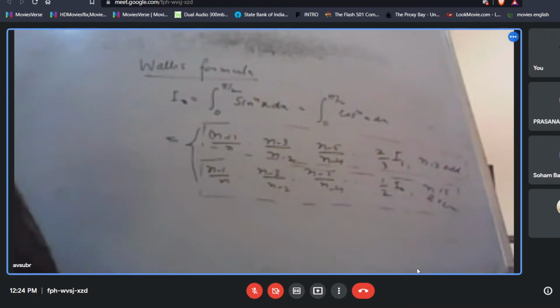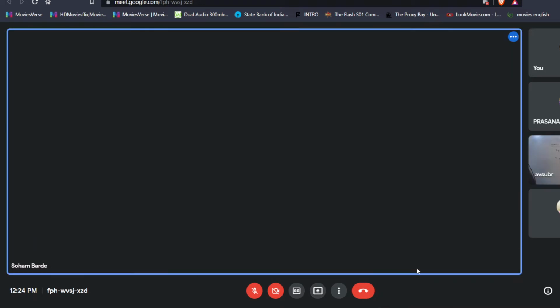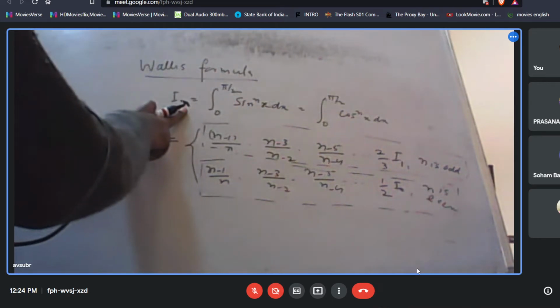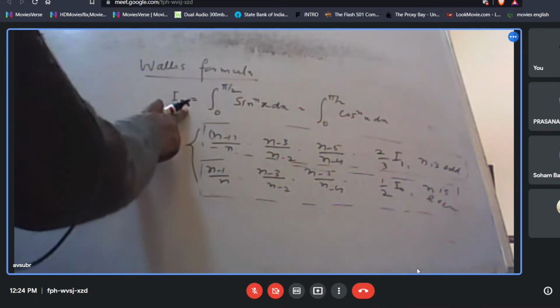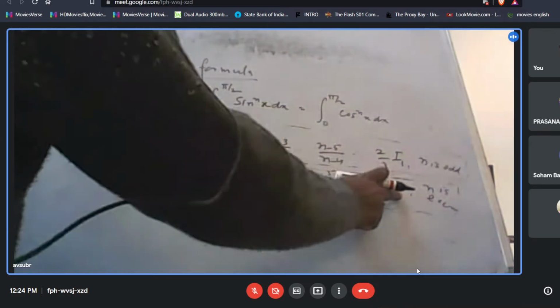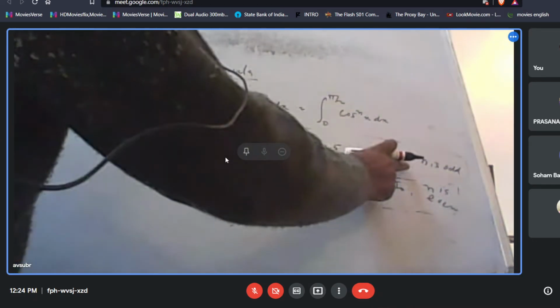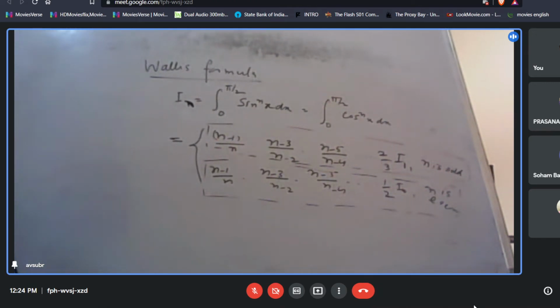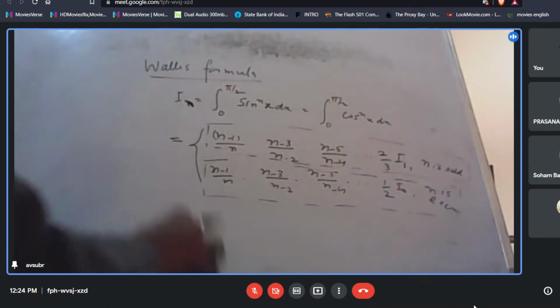I0. I0 means when n is equal to 0. The subscript is n, so if n is 0, then it is I0. If n is 1, then it is I1. Clear? Yes, sir. Now let us see.